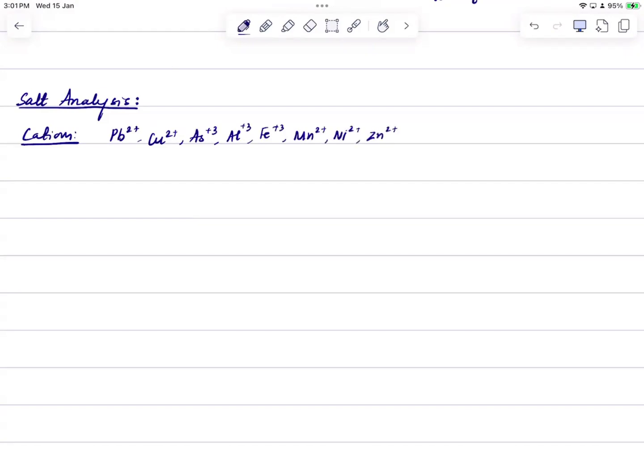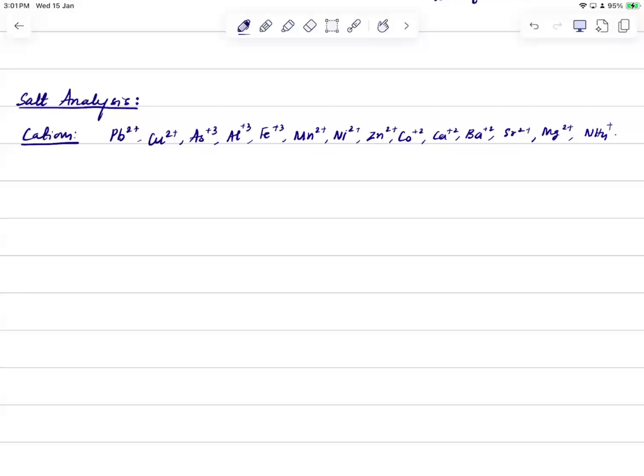Zinc 2+, that means it is group 4, cobalt 2+, then group 5, that is calcium 2+, barium 2+, then strontium 2+, isn't it? After that, we have group 6, which is magnesium, and last group, which is ammonium, right? These are the cations we need to check out for.